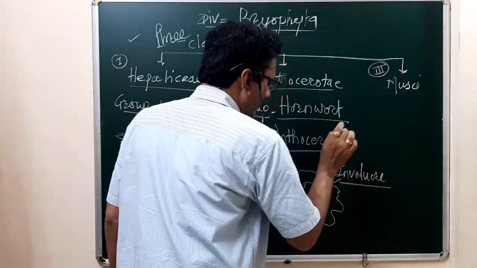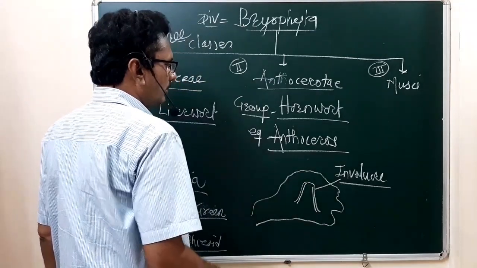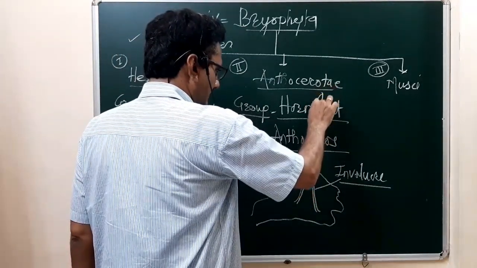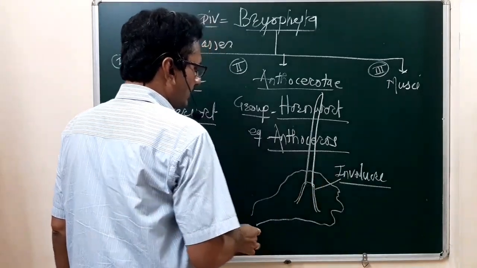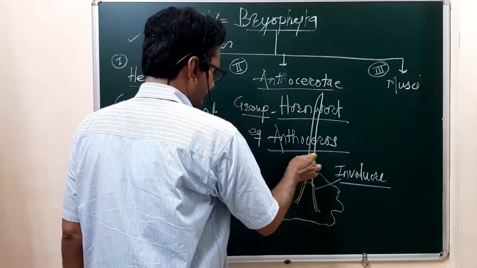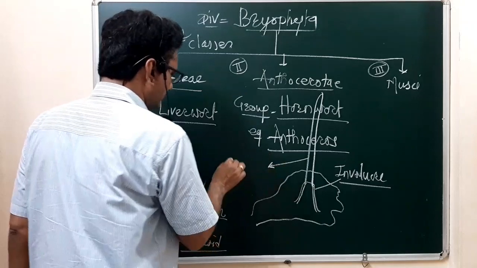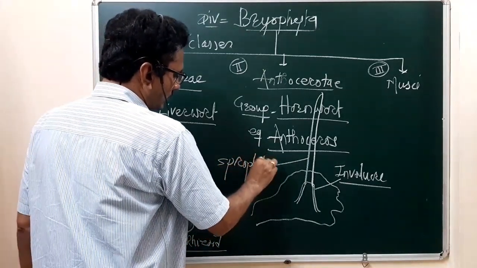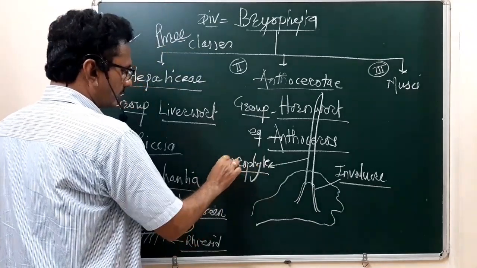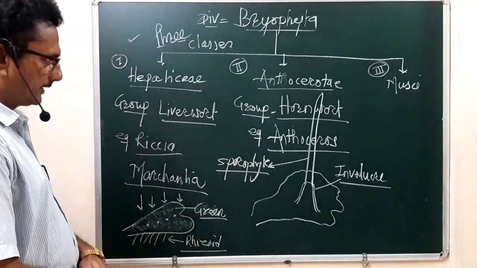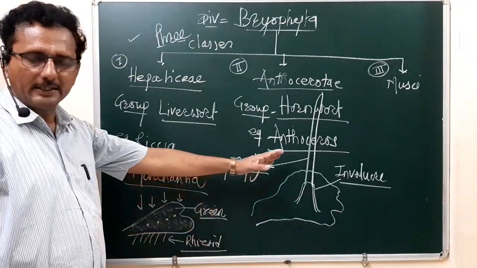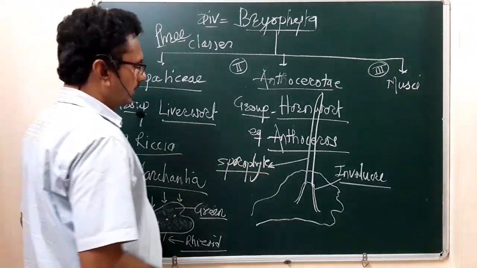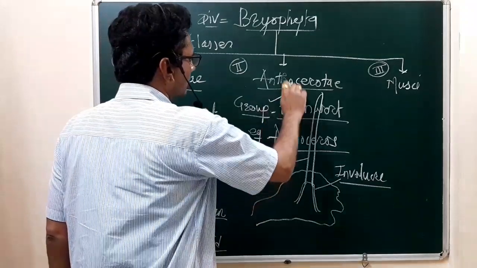From this involucre, a horny sporophyte develops, meaning a spore-bearing structure develops from the thallus. So the name hornworts is given.